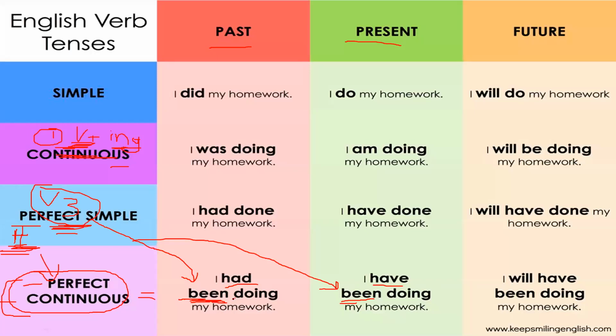This is the infinitive form of the verb do, do, and ing. So simply, the only difference here is just have or had for the present and past. And we have learned the analysis of this tense.